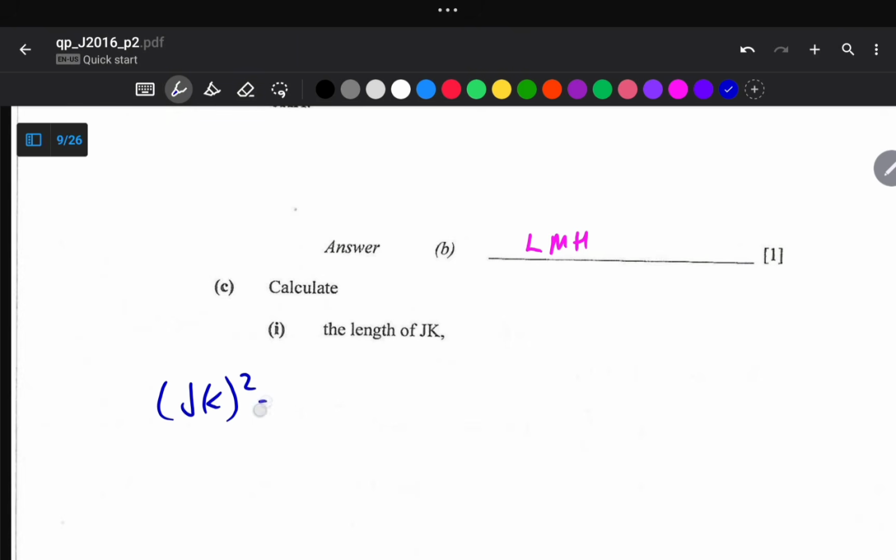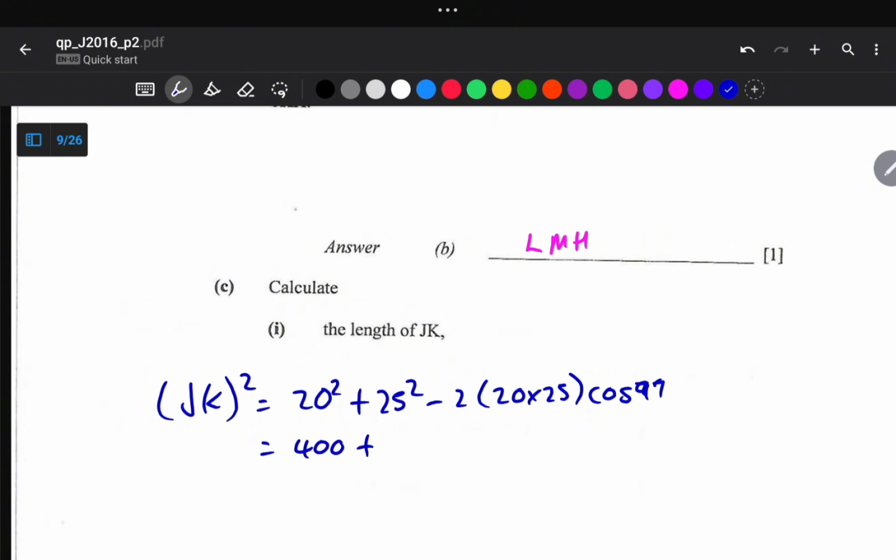squared is equal to 20 squared plus 25 squared minus 2 multiplied by 20 multiplied by 25 cosine 97. Okay, so 20 squared gives us 400, plus 25 squared gives us 625, minus 20 by 25, which gives us 500, by 2 gives us 1000, multiplied by cosine 97.